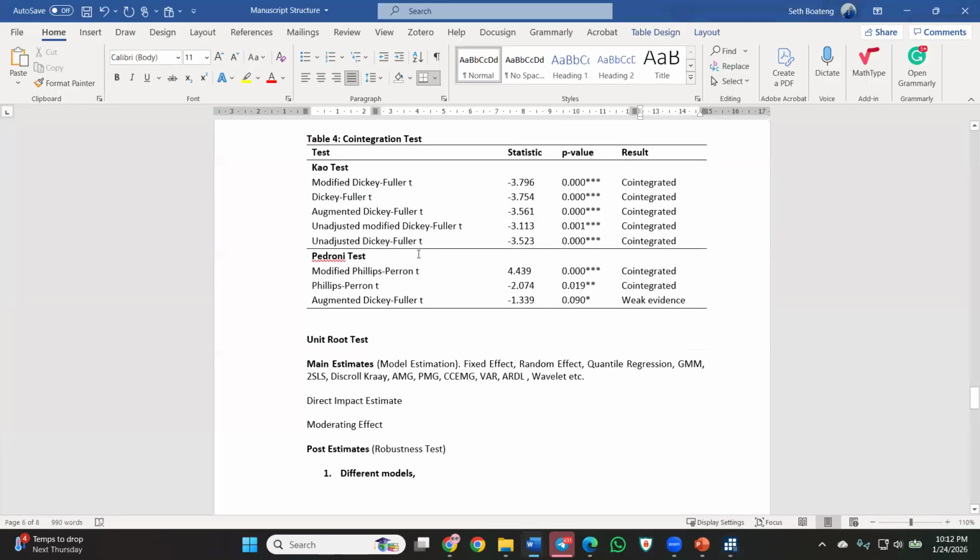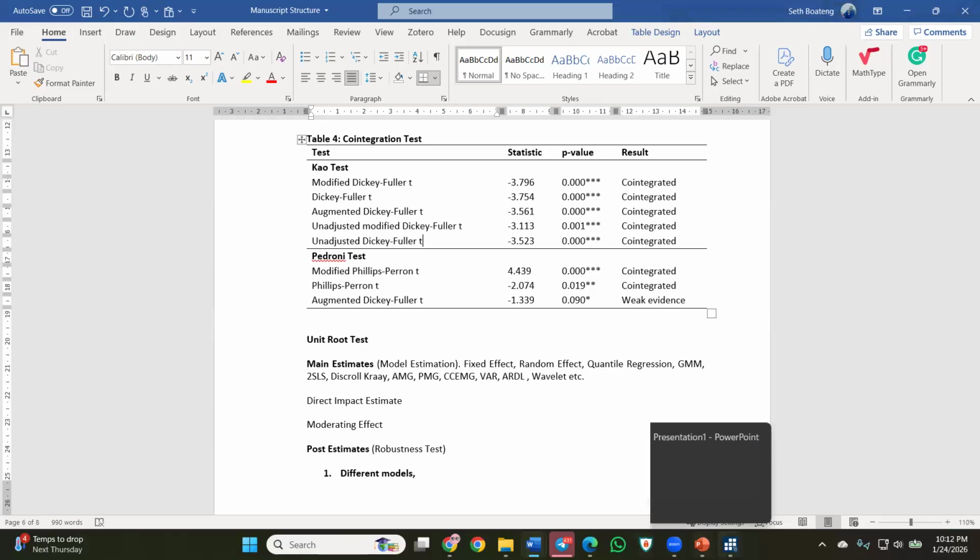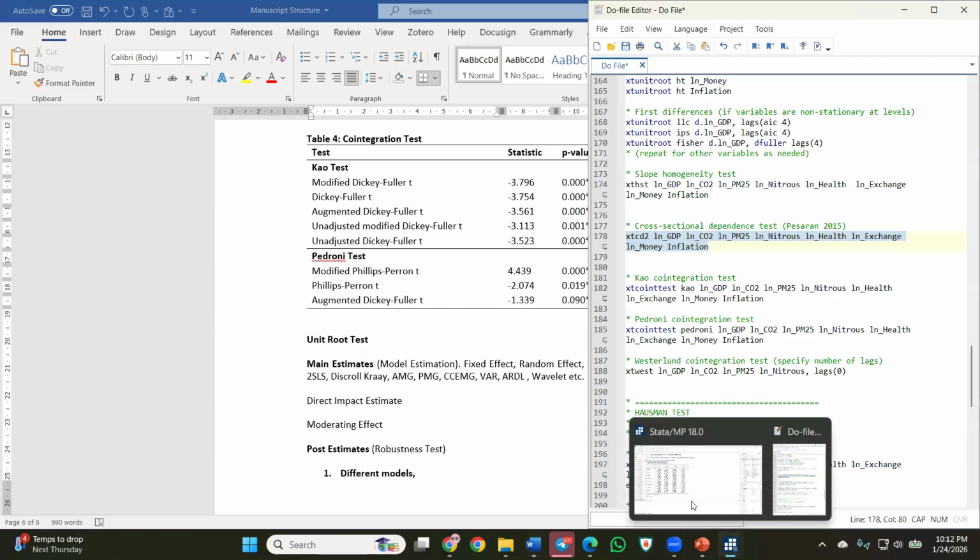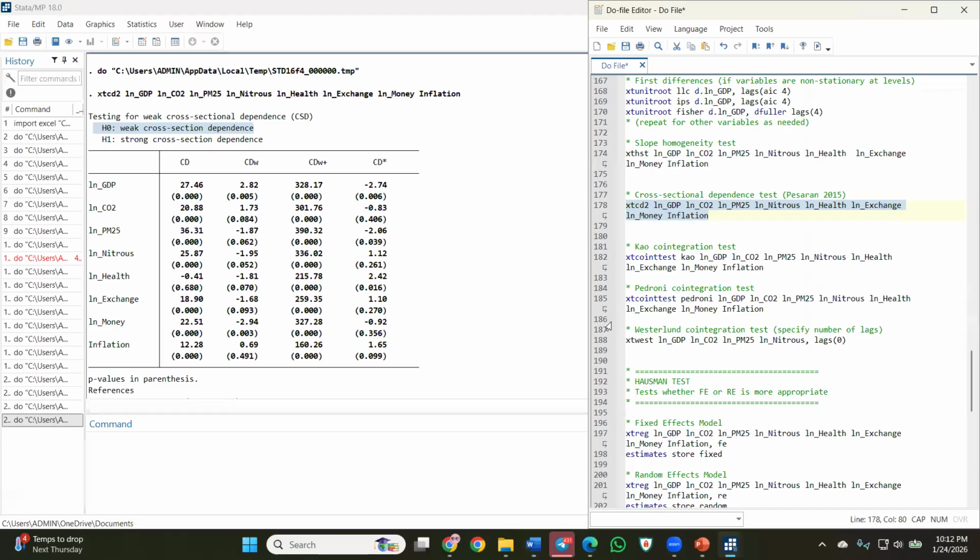Then we did the co-integration. We ran Westerlund, but because of the number of periods we're working with, we were having problems with the Westerlund results. So we chose the Kao test and then Pedroni. And this was the result that we had.